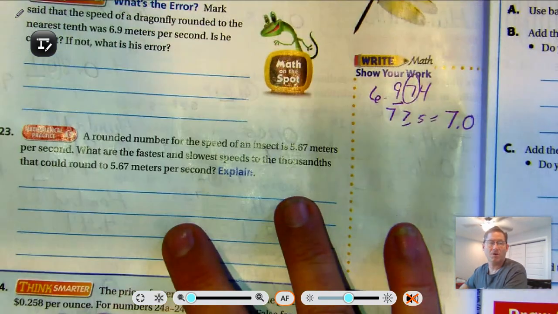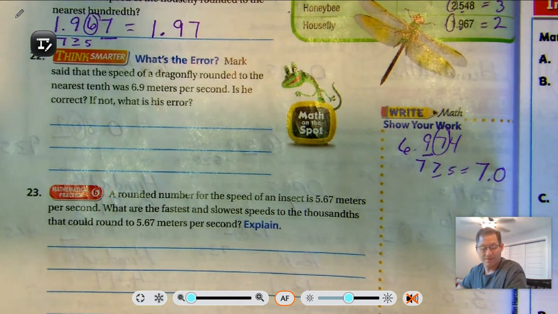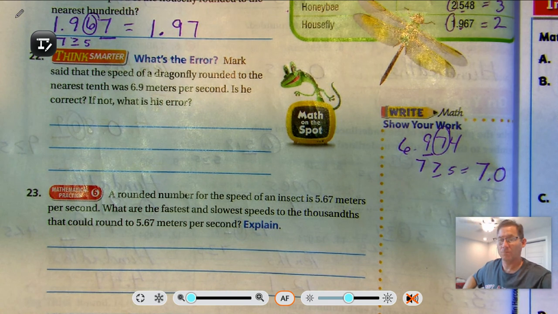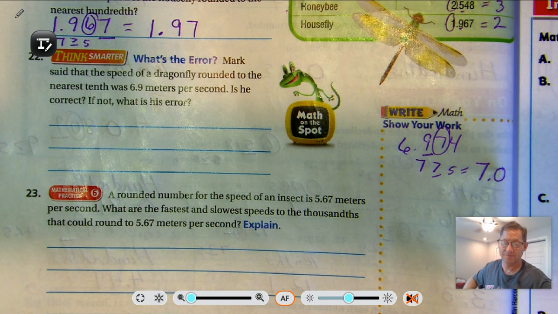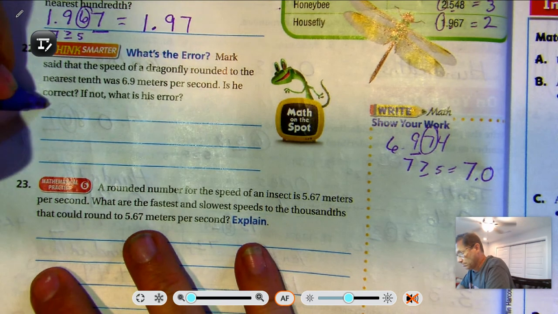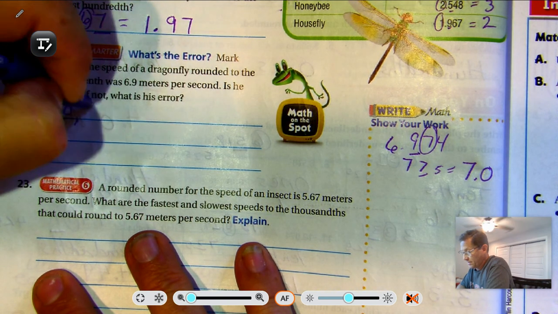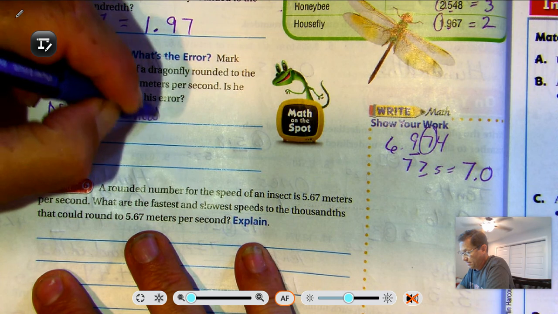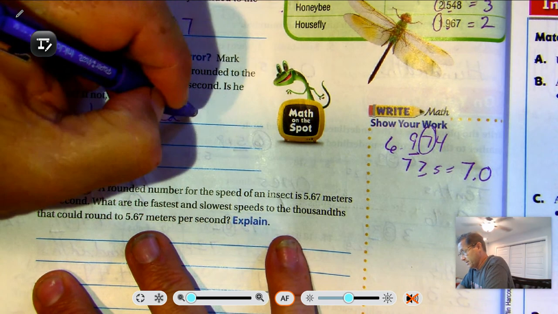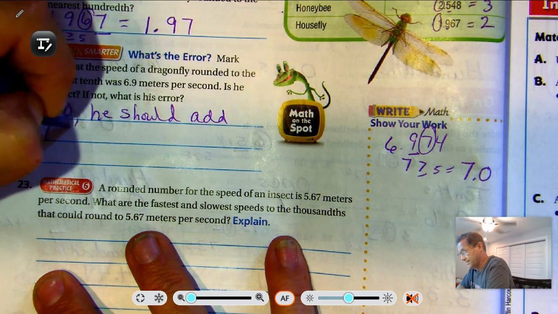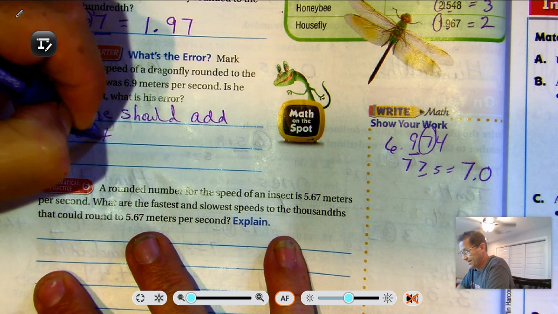So, is Mark correct? No. So, what was his error? He should add 1 to the tenths.